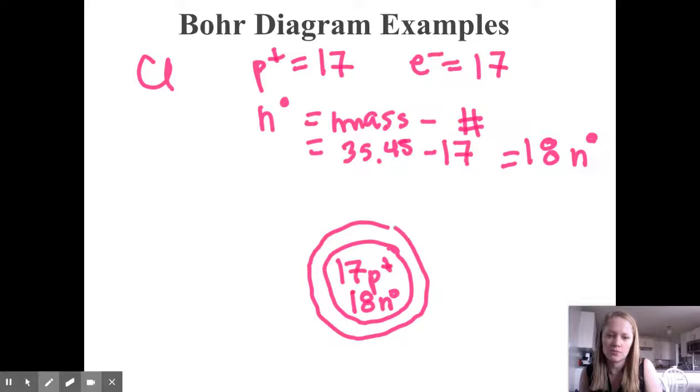All right. Now let's put our protons in, or electrons, sorry. So I know I need 17 electrons. I know I'm going to use my first energy level. So there's my 1, there's my 2, which means now I need a second energy level.